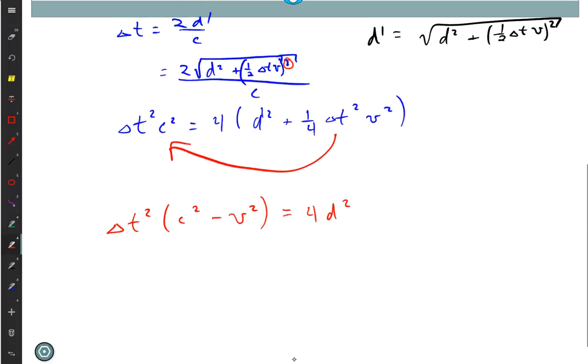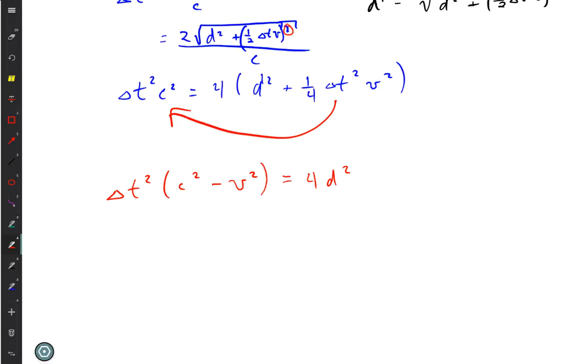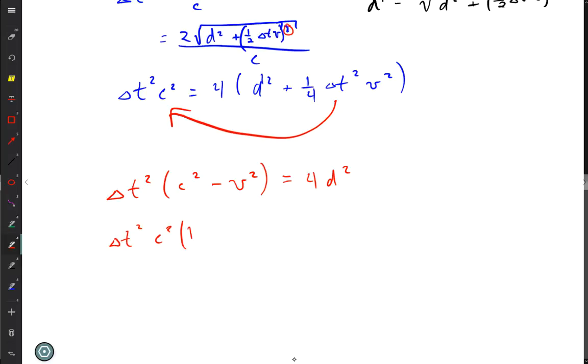I'm going to do another thing that seems kind of silly. I'm going to factor a c squared out of that c squared minus v squared. I'm doing it because it makes my final answer look prettier.